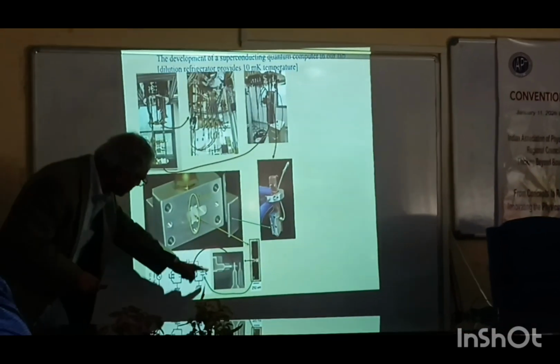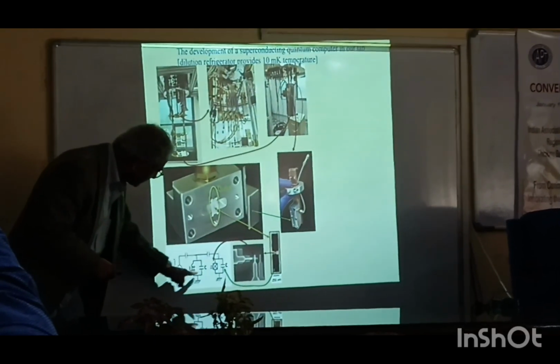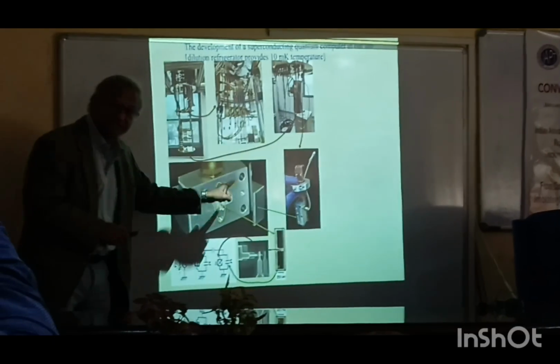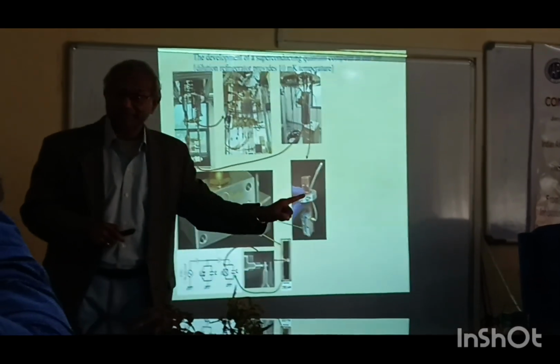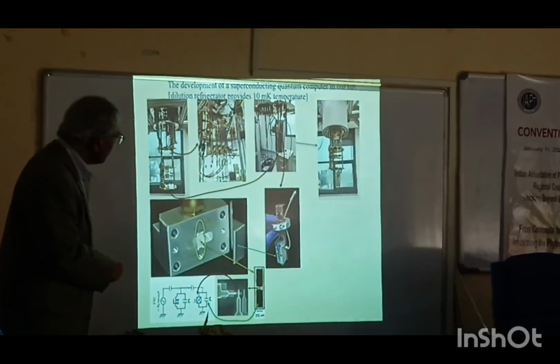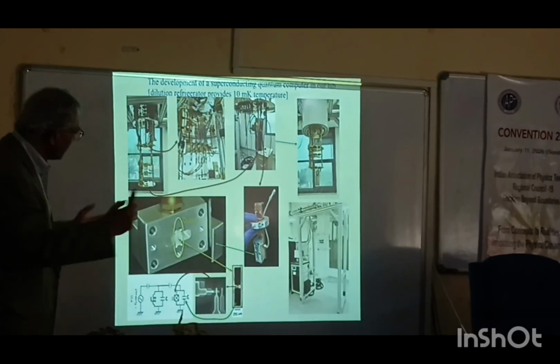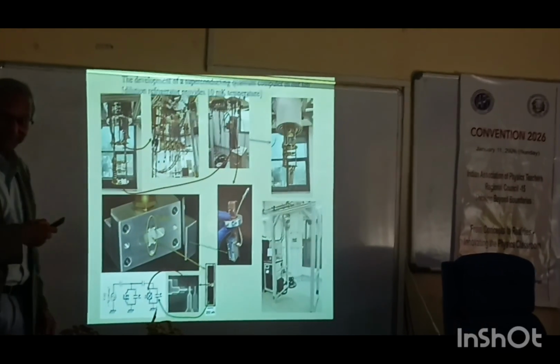So that's at the heart of this qubit. This is the equivalent circuit of the Josephson junction as I showed, and this is the additional LC circuit. This LC circuit is actually this resonator, microwave resonator. And when you cover everything up, it looks like that from outside.